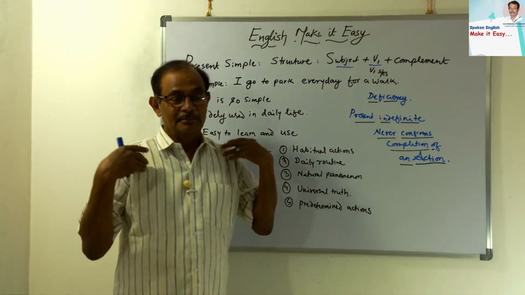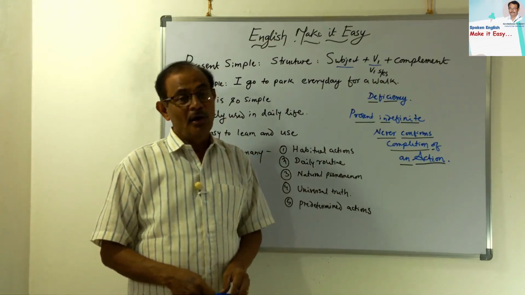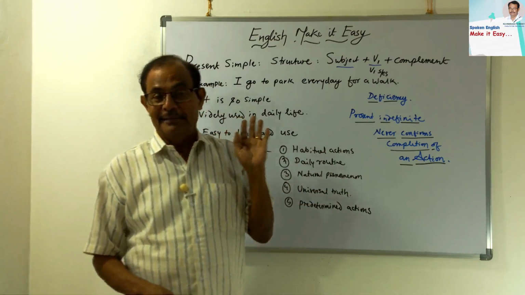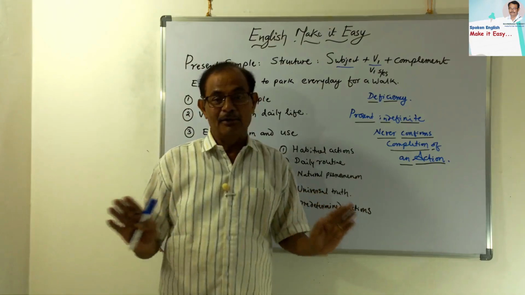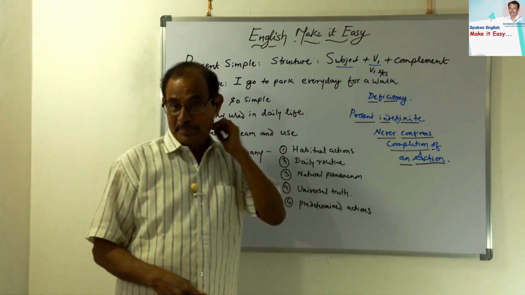There is no necessity of any auxiliary. No auxiliary is required here because V1 is independent. It is not dependent on any auxiliary. That is another interesting feature of simple present.